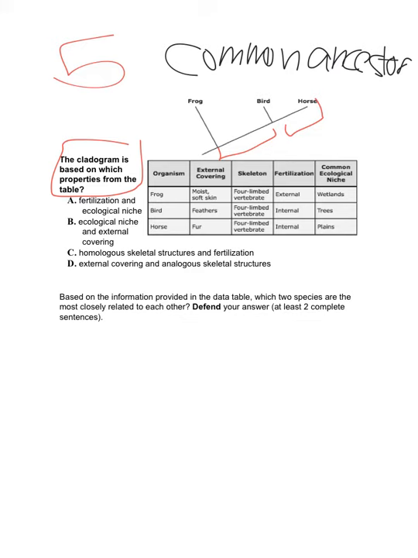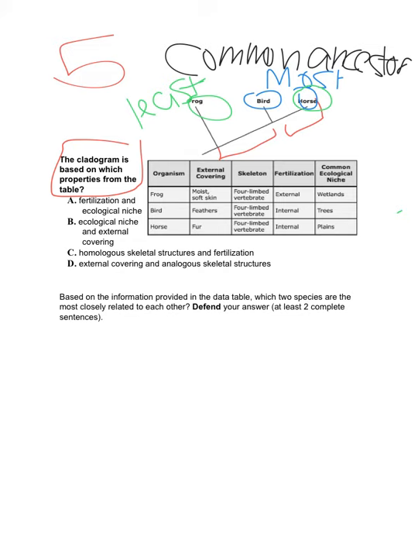So right here, I know the bird and the horse, those are going to be the most related. Okay? And what is least related here is the frog and the horse, since they're going to be the furthest away. So based on what we know by looking at the pictures, let's find out which properties from this table support that.